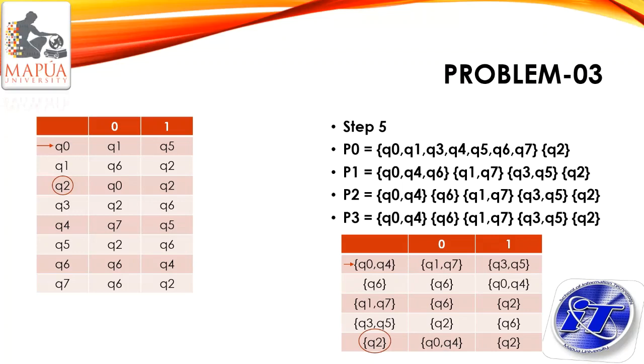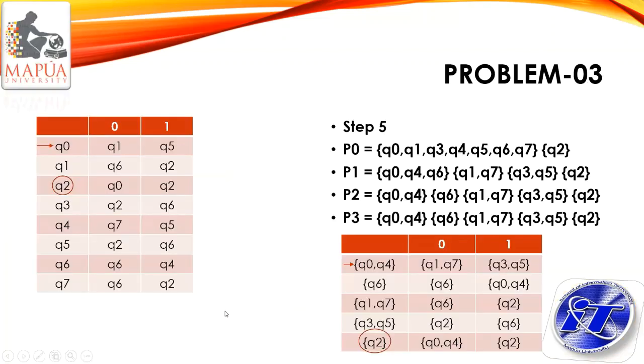And if it's 1, it will just stay with Q2. So this will be the transition table of our new automaton. Just draw this one, and that will be the new drawing for our simplified, or minimal, automaton.